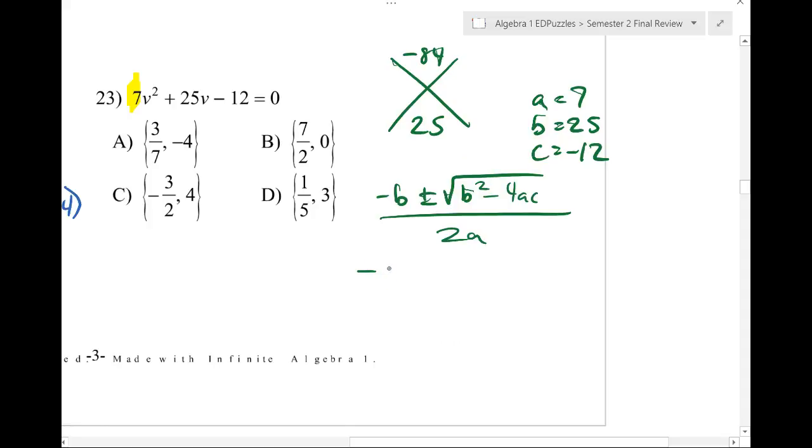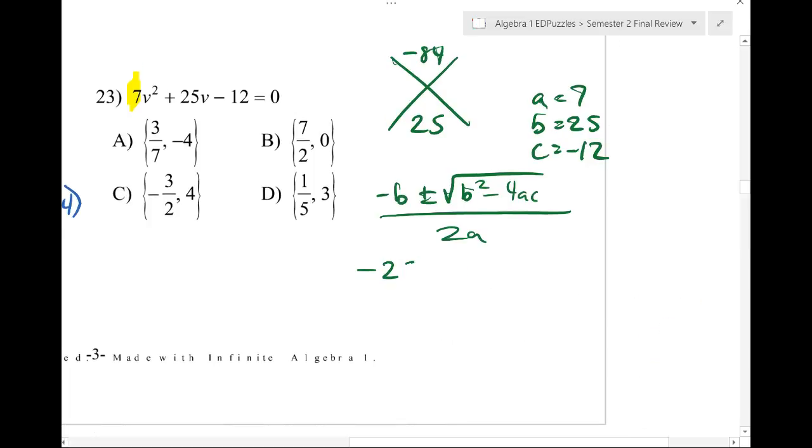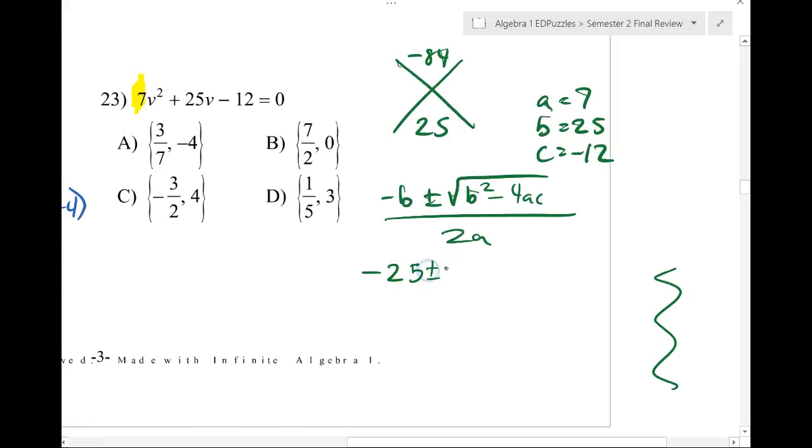So now -25 plus and minus the square root of b squared, so 25 squared, minus 4ac.